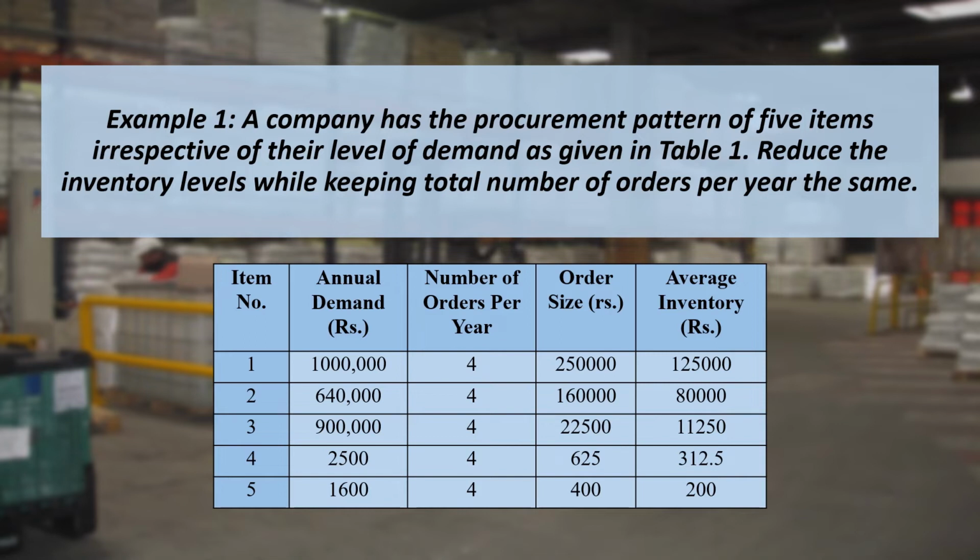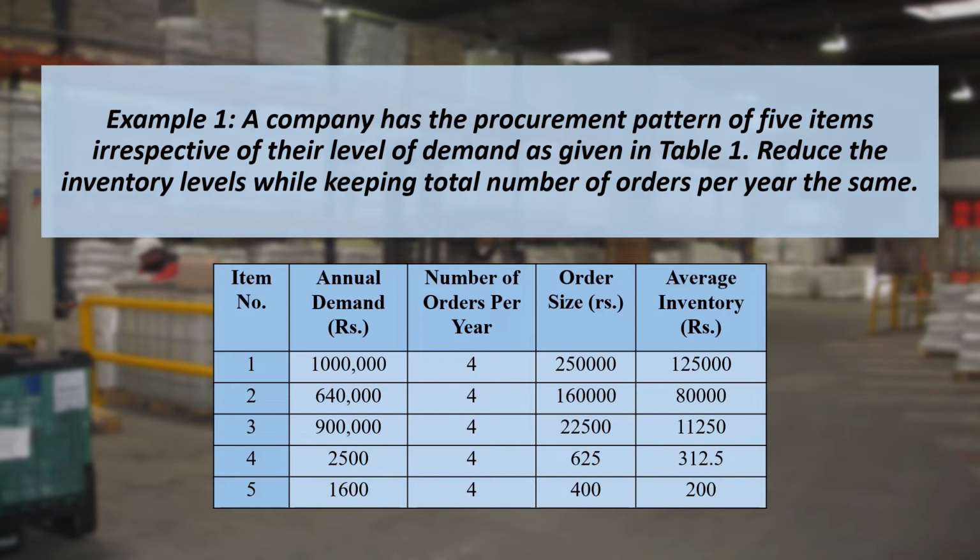The average inventory in the last column is calculated as opening stock plus closing stock upon 2. So 0 plus 2,50,000 upon 2 gives an average inventory of 1,25,000. Similarly, the average inventory can be calculated for the other items. So here you can see that the number of orders is fixed, but the sizes of orders are varying.